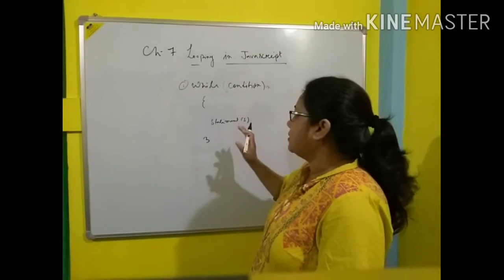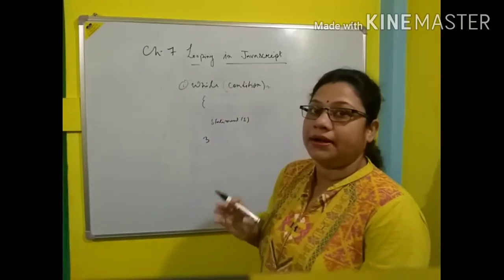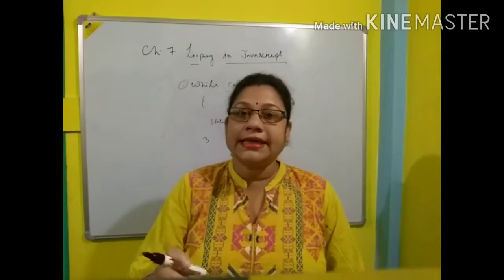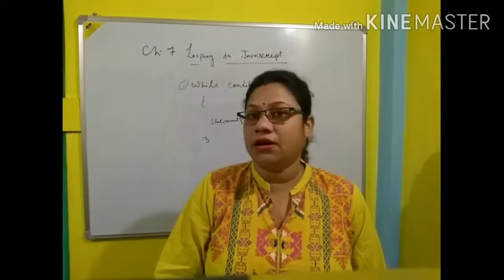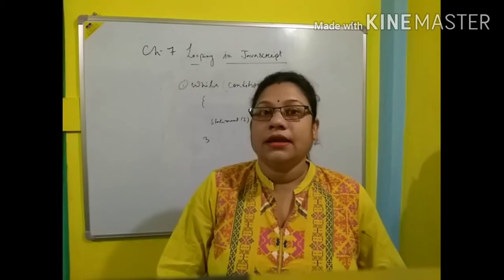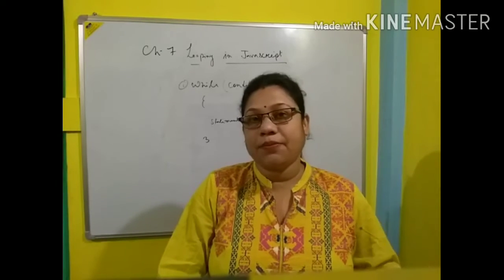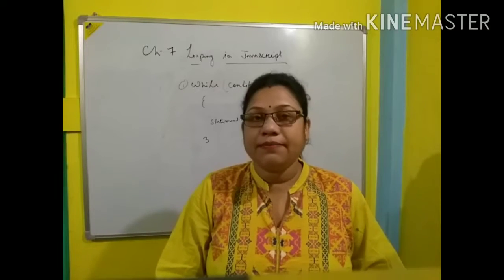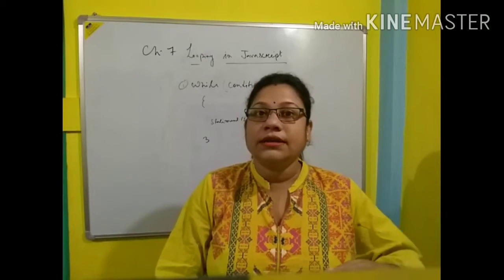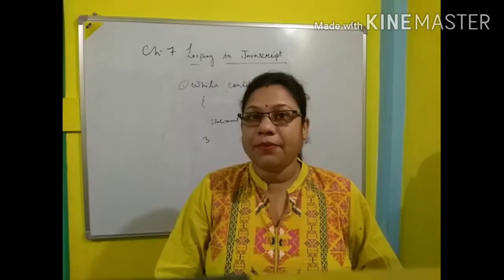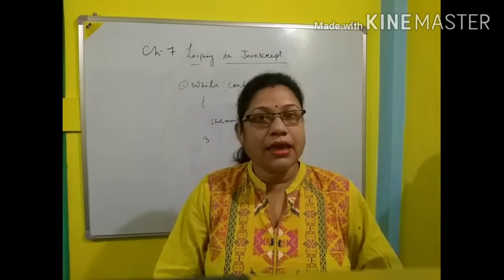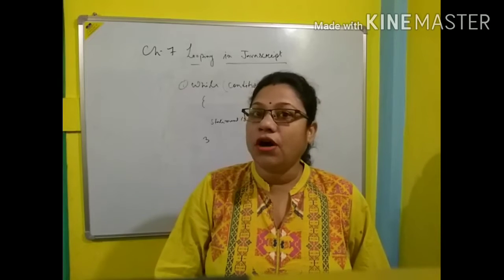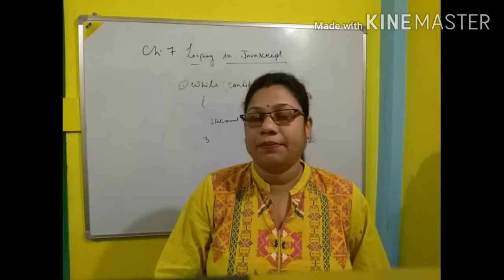Okay, but one thing all of you remember, the while loop always checks the condition at the very beginning, so that it is going to execute the program if and only if the condition is true. That means if the condition is true, then it will execute the program. Okay, and if the condition becomes false, then it will terminate the program.